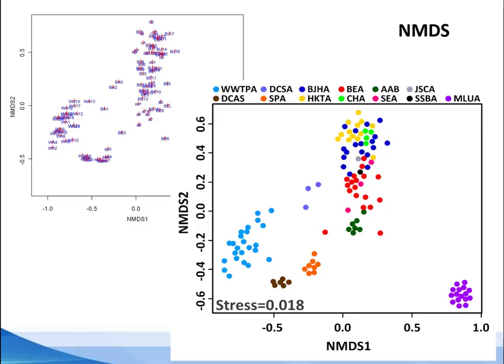For example, the wastewater treatment plant air samples are represented as light blue points. The activated sludge samples are brown points, and the other 11 air environmental types are represented in other colors.